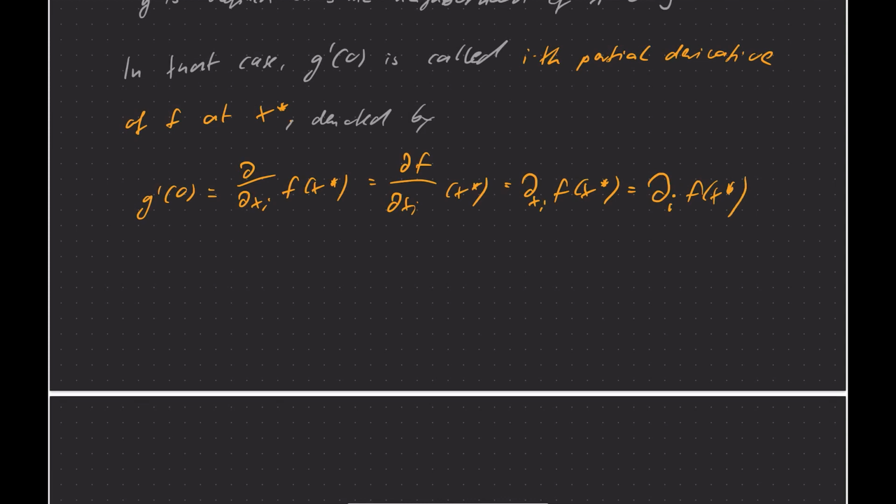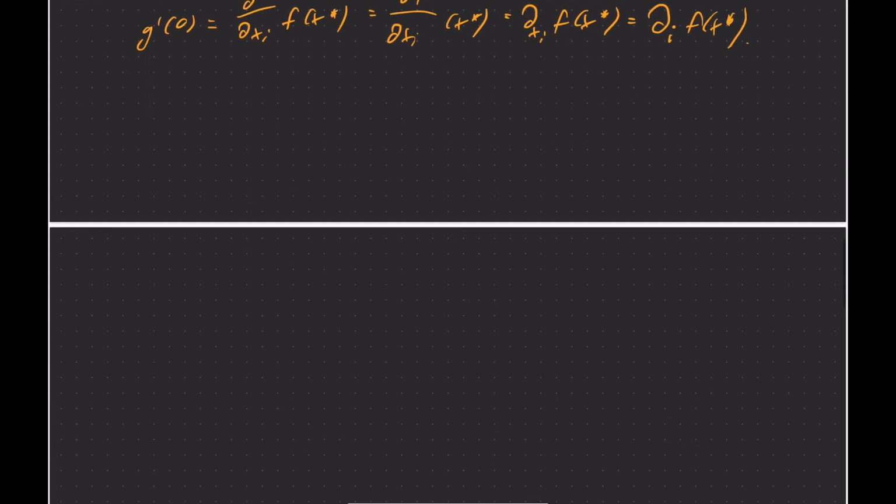And we're using this strange d notation here. It's just pronounced d to mark this as a partial derivative in contrast to a regular derivative. Okay, so that's the ith partial derivative.